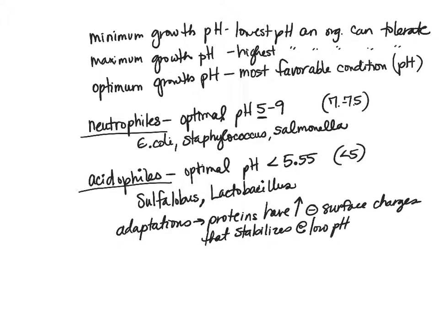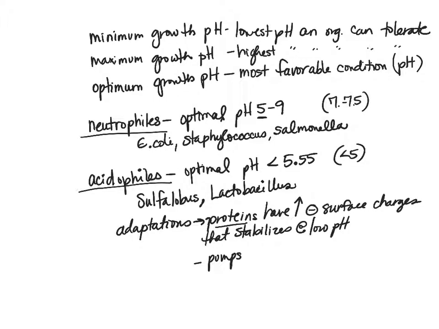So again, it's a way that the body has adjusted. These proteins, remember, are so important that they can start to unravel. So organisms like Lactobacillus actually have differences in their proteins to have more of a negative surface charge so that the increase in hydrogen ions isn't going to affect them as easily as it would affect a neutrophile. They also have adapted to have pumps.